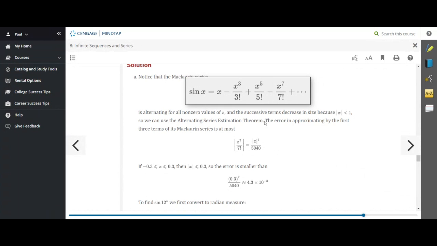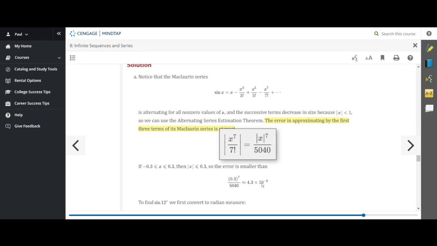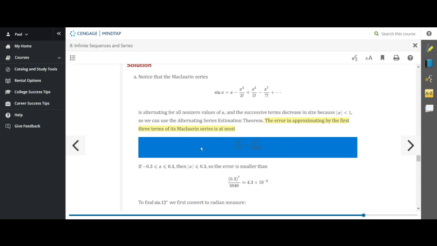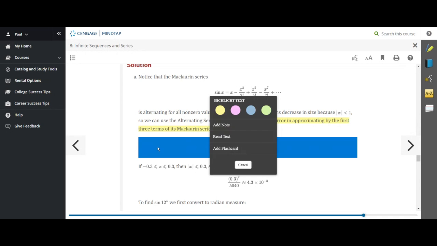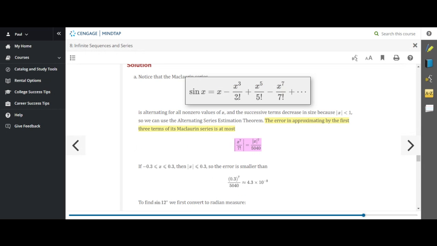If we were to just use the first 3 terms of this Maclaurin series, I'm going to try to highlight it. There we go, in pink here, and then there's the series above.